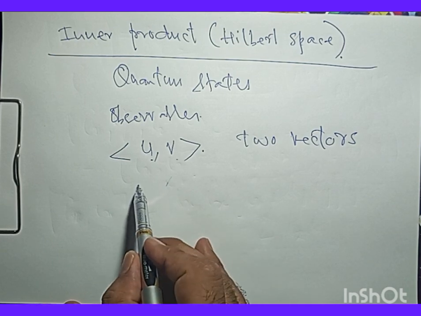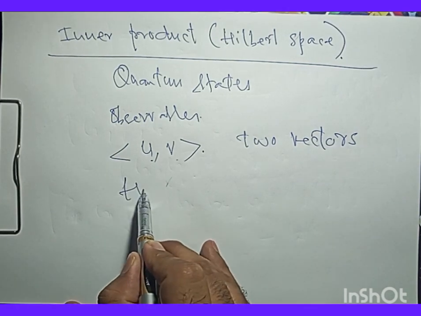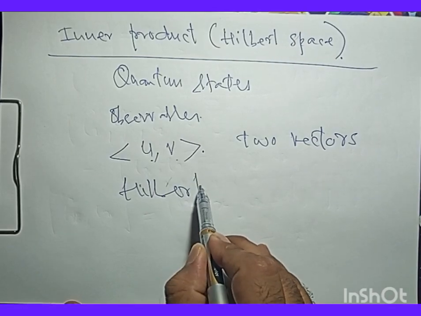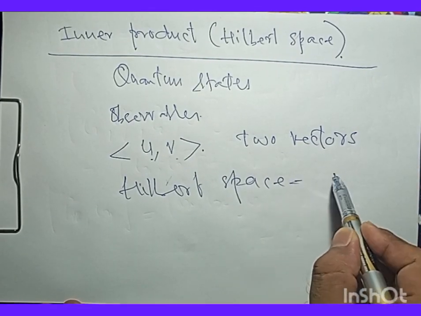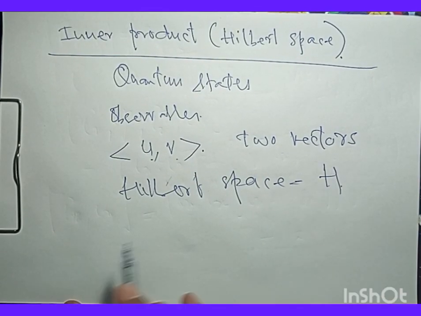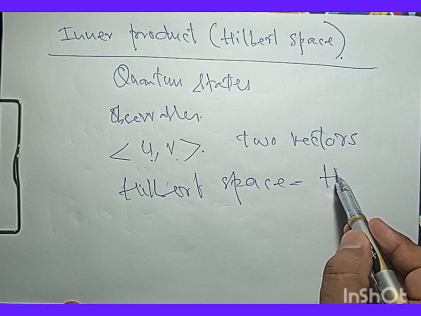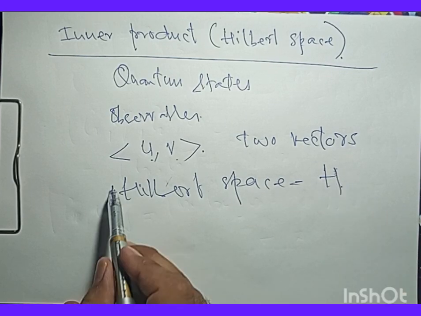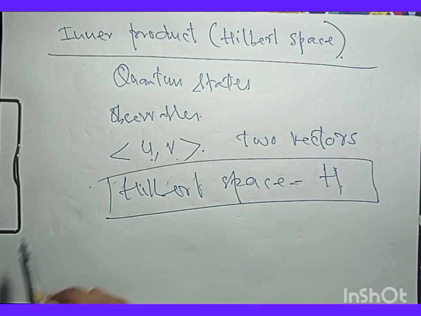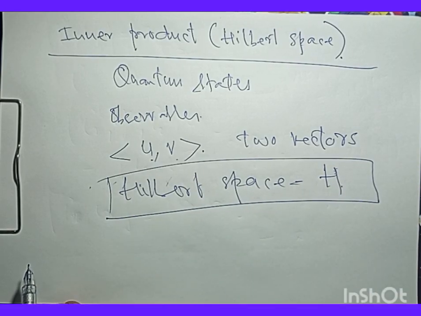Let me symbolize this Hilbert space as H. This H should not be confused with the Hamiltonian that's generally used. So this H is a representative of the Hilbert space in this video.